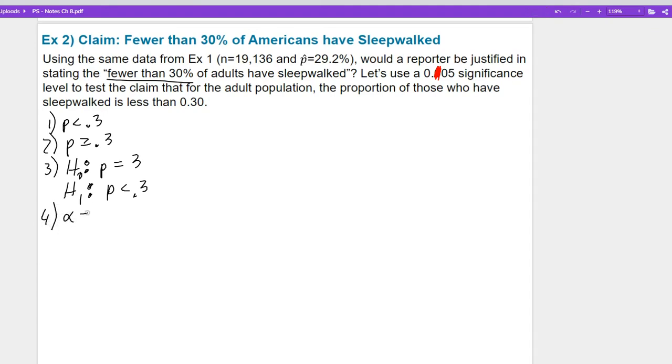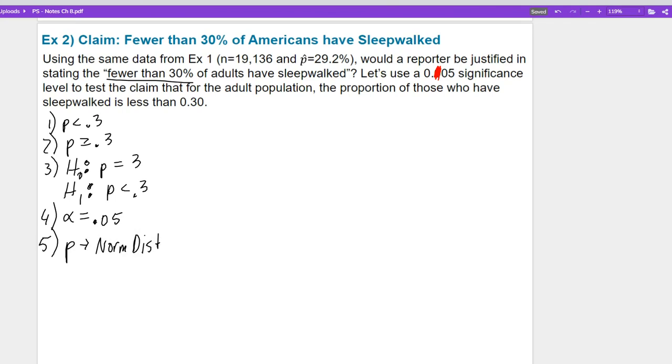Step 4, they told us alpha was 0.05. Step 5, since we're talking about p, we know we're talking about a normal distribution. All this stuff is set up, and all this stuff should happen pretty quickly.